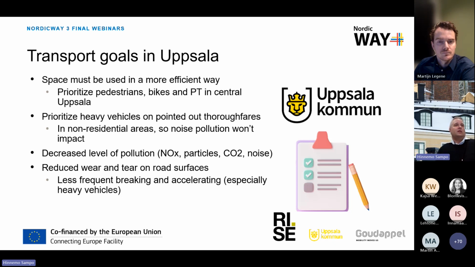We try to lower pollution in the whole city, and we also try to reduce wear and tear of the road surfaces by making vehicles, especially heavy vehicles, brake and accelerate not so often as they do today.